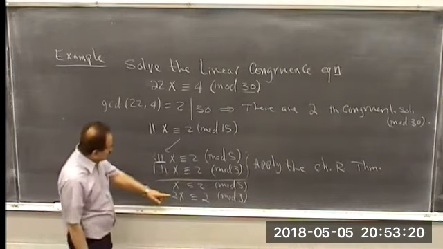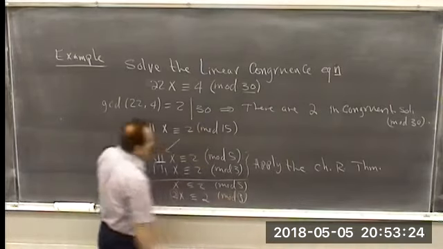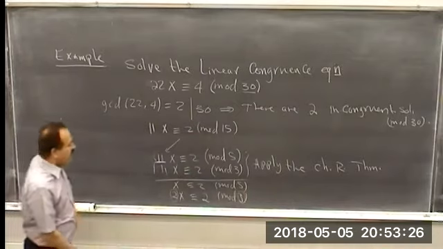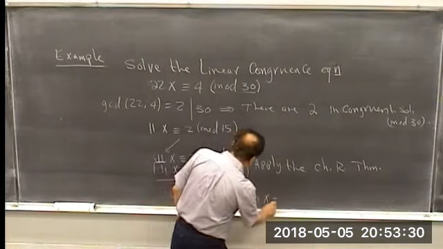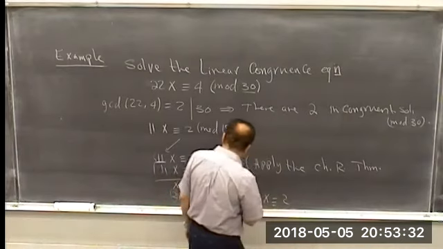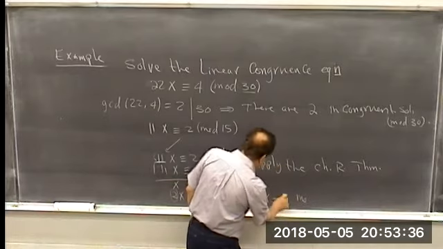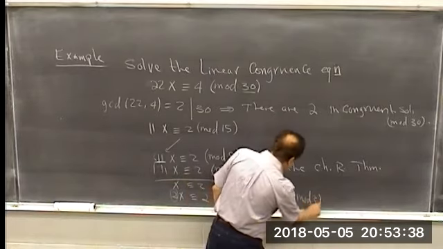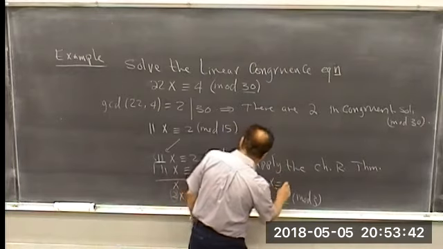And also, since the 2 and the 3 are relatively prime, I can replace the second equation by dividing by 2 mod 3, and it becomes x congruent to 1 mod 3. And the first equation is x congruent to 2 mod 5.